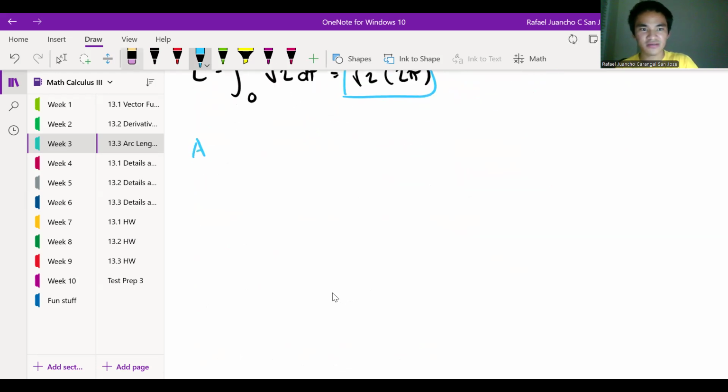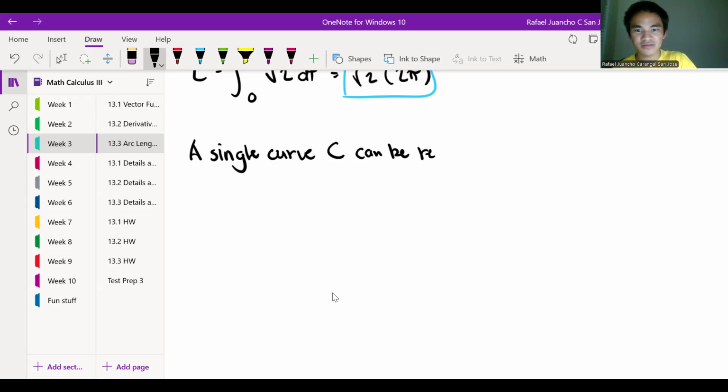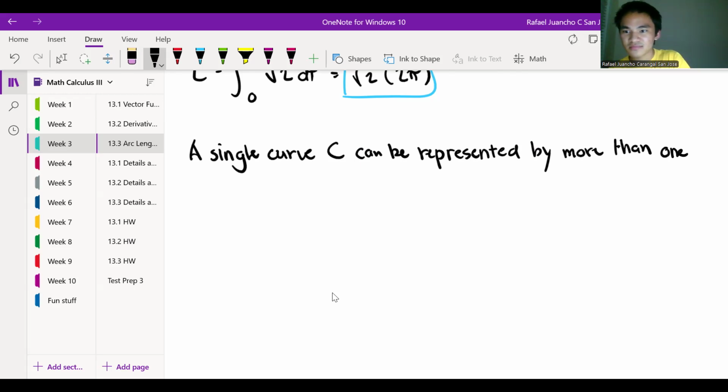So we're saying a single curve, a curve in space, we'll call it C, can actually be represented by more than one vector function. This is one I didn't expect, because initially I thought you can only represent the curve by one vector function, but I guess not really.